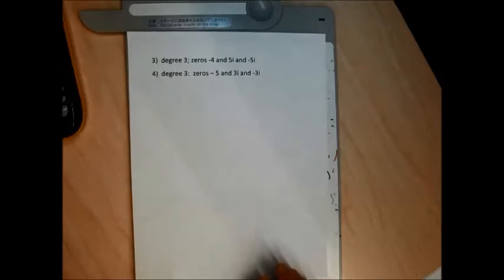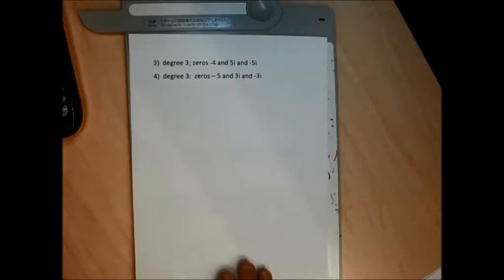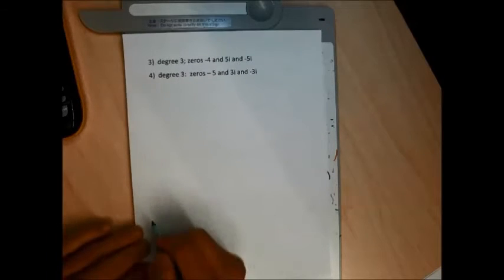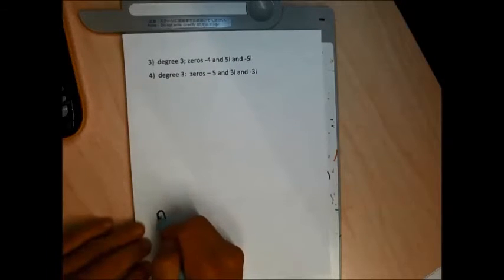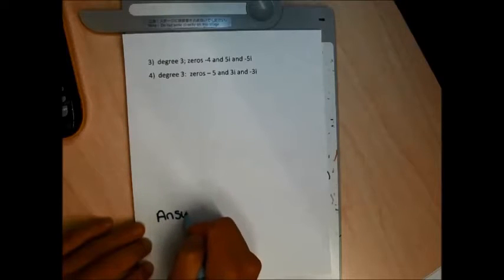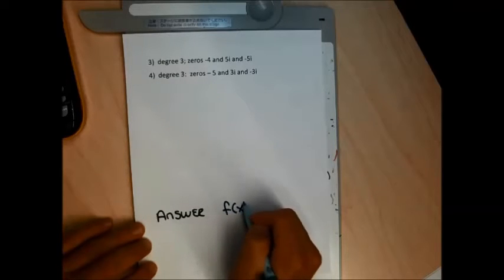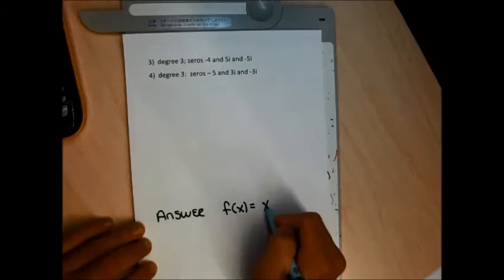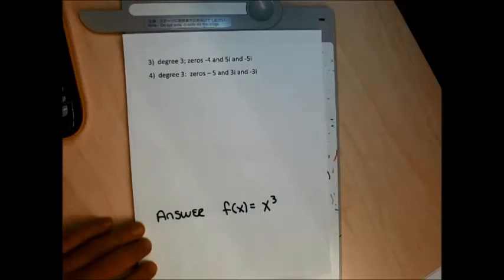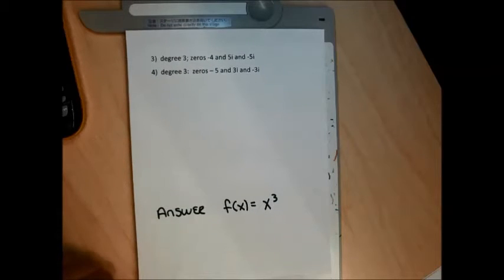And we'll move on to number 3 and 4, which is going to be harder because now my answer has to have a polynomial with degree 3 with a 1 in front of the first term. And number 4, my answer is going to be of the form f of x equals, and then I'm going to have an x cubed and some stuff after the x cubed.